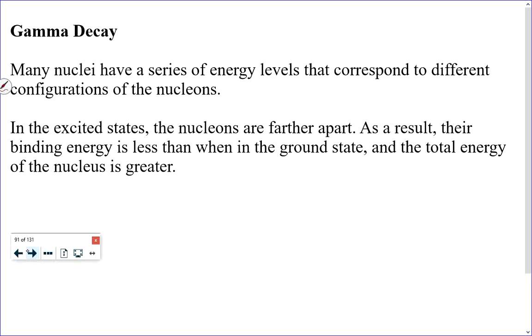So we actually talk about energy levels within a nucleus. If you look at my hands, and anybody watching the video will miss out on this, but it might be that when the nucleons are in this particular orientation, we would say the nucleus is at a high energy state. And there might be another arrangement that's a little simpler or a little more stable, and that would be a lower energy state.